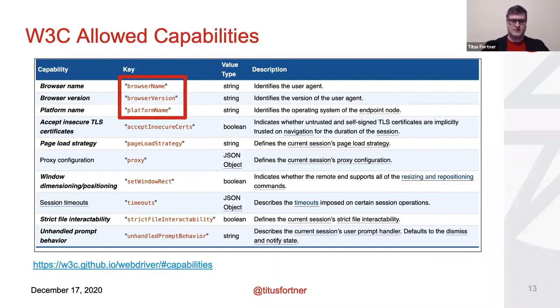These are the things that those servers need to know in order to give the right session back. Because essentially, you need to know what endpoint you're pointing to. If you're pointing to a grid, these things matter. If you're pointing to a Chrome driver, then it doesn't really matter. Why would you send a browser name of Firefox to the Chrome driver? You wouldn't, and so it doesn't really make sense.